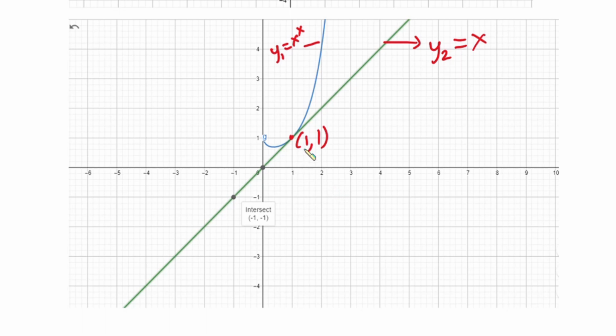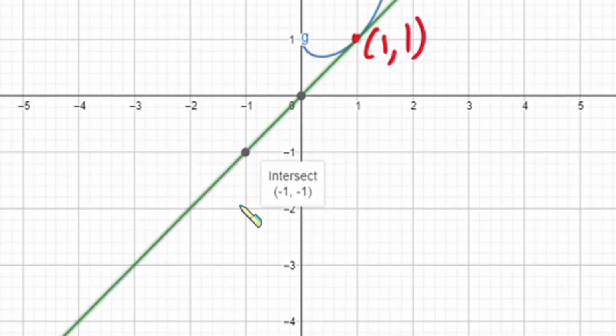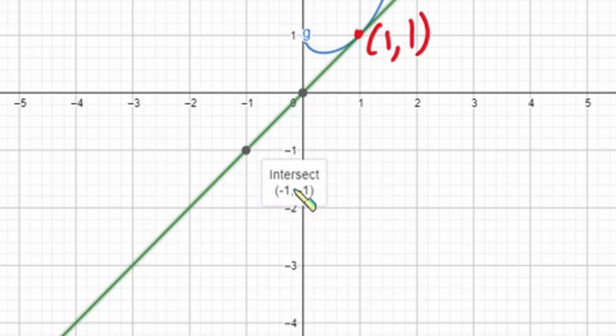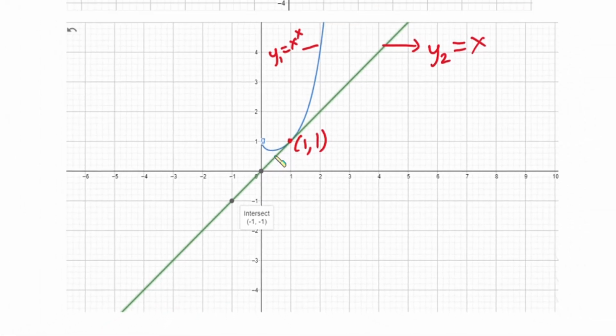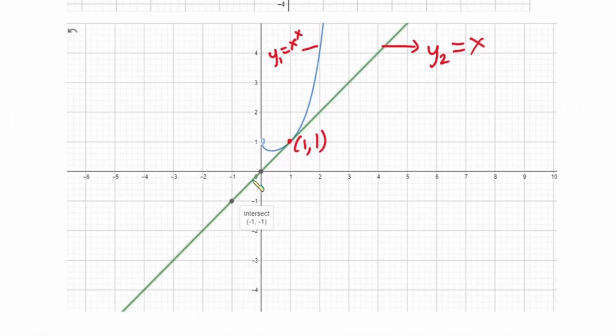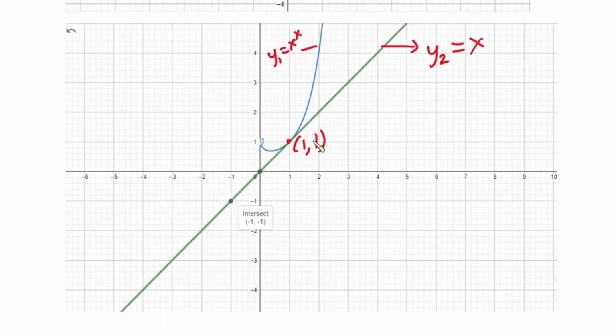Alright, so it means that y is 1 and then x is also 1. Okay, now if I click on this line once, you can see we also have another point here, that is negative 1 and then negative 1. The graph didn't show it well, but it is telling us that it has 2 points of intersection. Okay, that is x equals 1 and then y equals 1, and the other point is negative 1, negative 1.